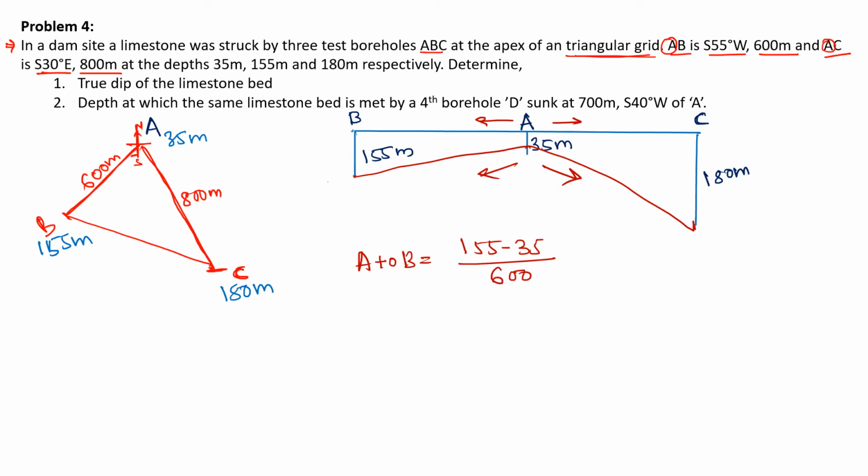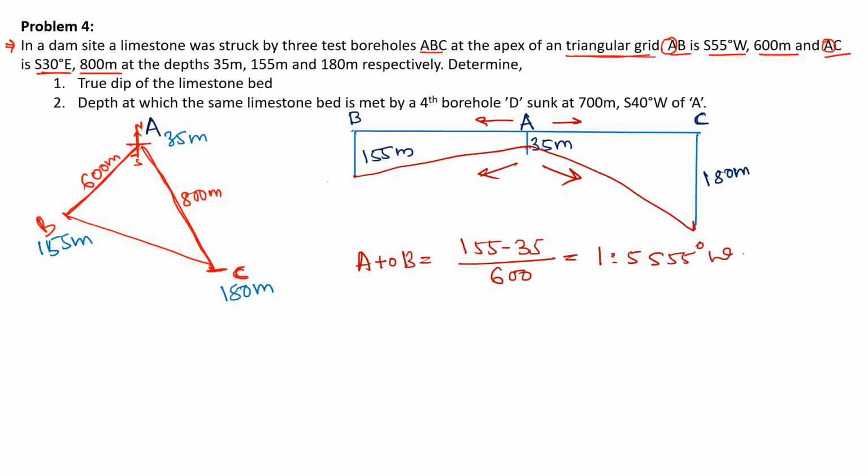Now this comes around 1:5. And what will be the direction? The direction is already given: A to B is south 55 degrees west.